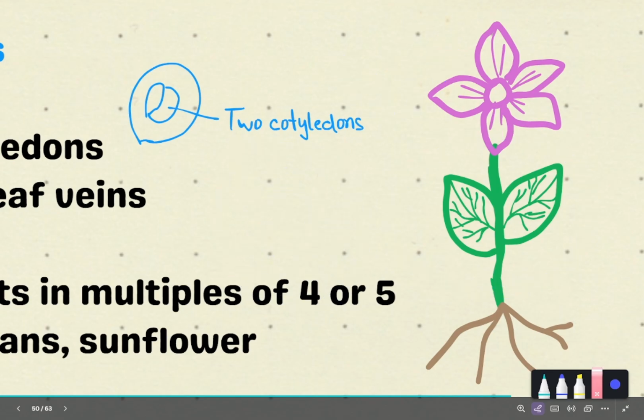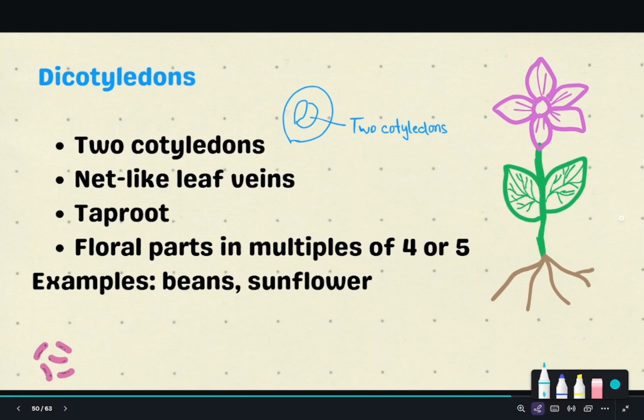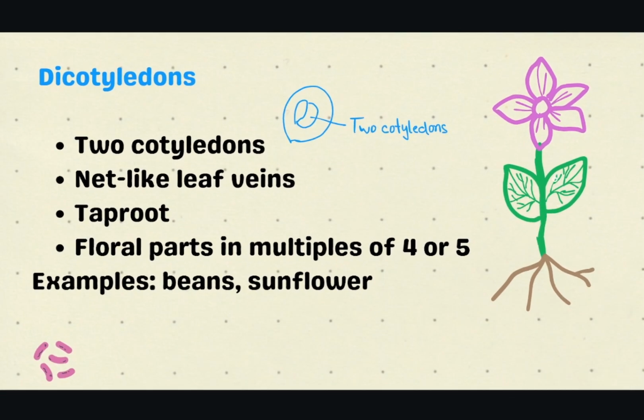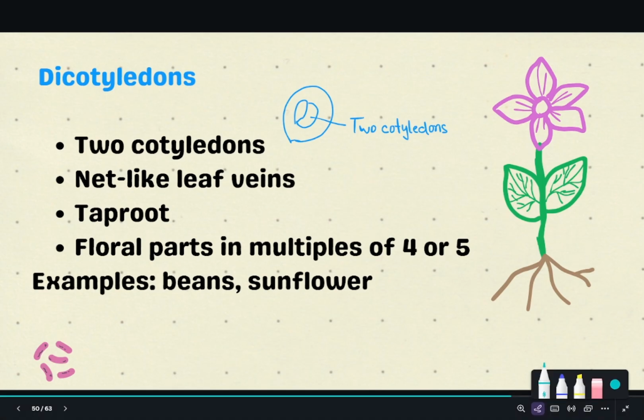All right. So flower petals in multiples of 4 and 5, tap roots, and a net-like leaf vein structure present inside the leaves. And their examples are beans and sunflower.